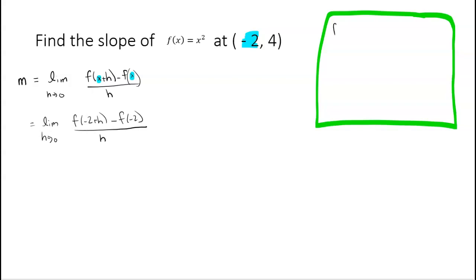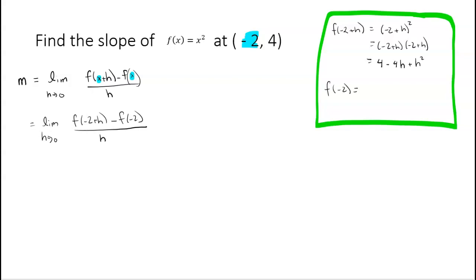But what I'm going to do is evaluate this function for -2 plus h. That means everywhere I see an x, I'm going to plug in -2 plus h. So this gives me -2 plus h times -2 plus h. A negative and a negative turn positive. This will leave me with 4 - 4h plus h squared. I'm also going to evaluate the function at -2.